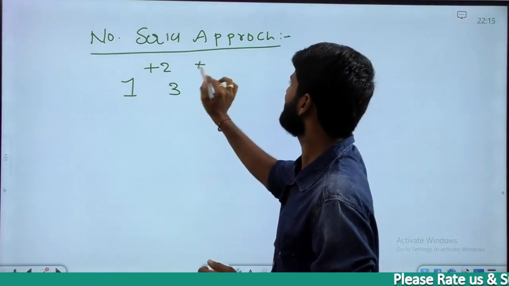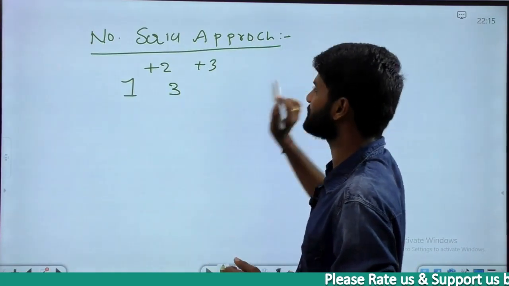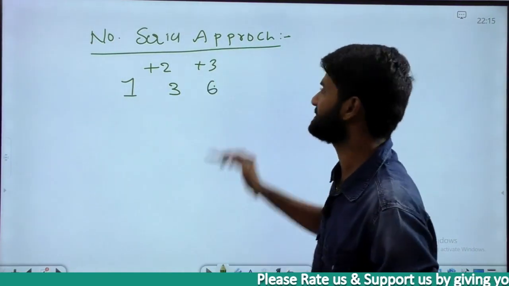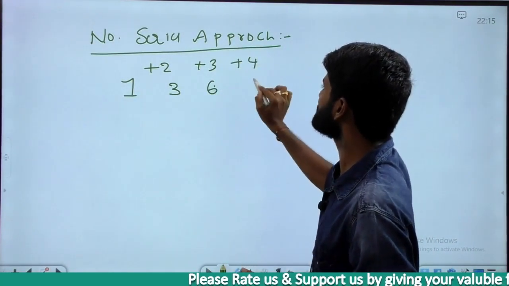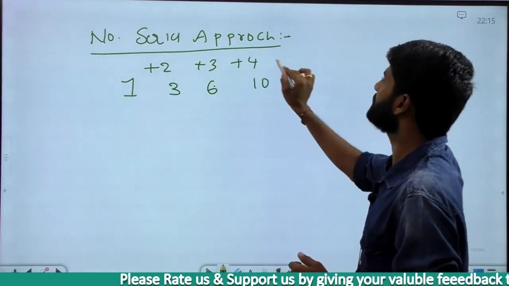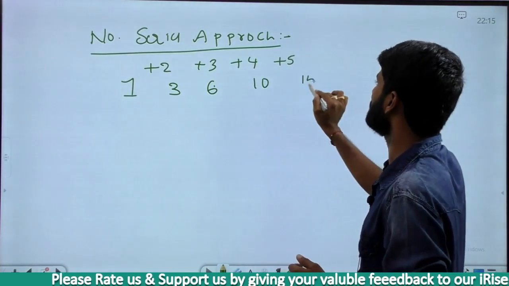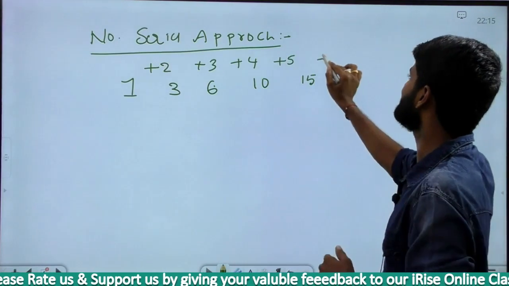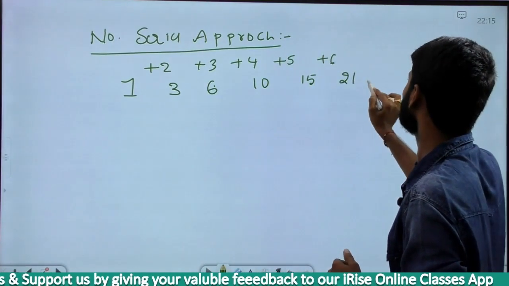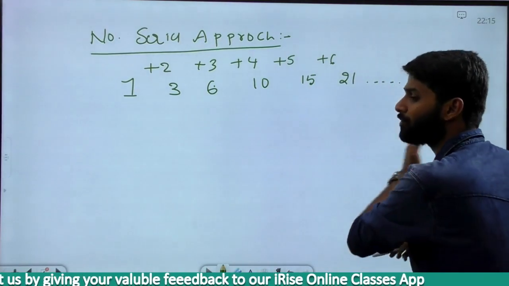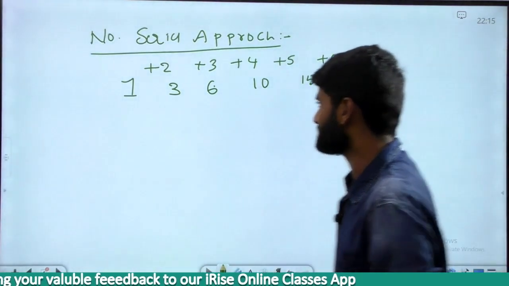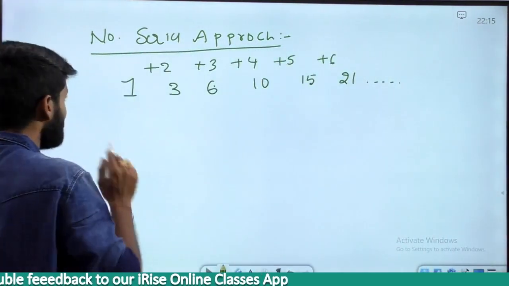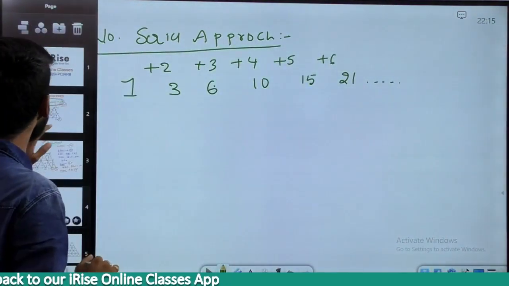Next number, plus 3: 3 plus 3 is equal to 6. Next we add 4: 6 plus 4 is equal to 10. If you want to go to the next number, 10 plus 5 is equal to 15. Next, 15 plus 6 is equal to 21. In this way you frame the values. Clear? If you remember these values, you can go with the direct counting.